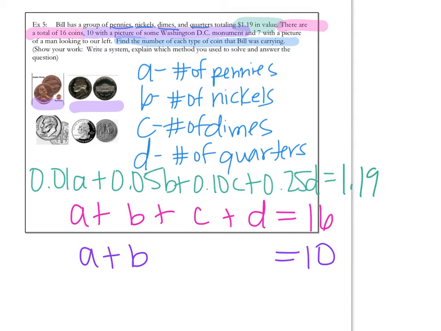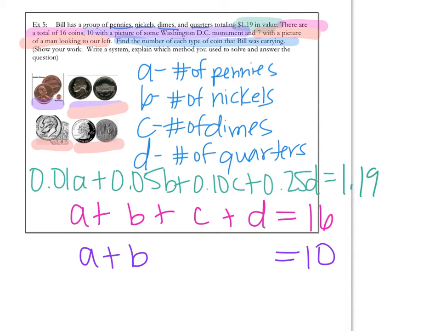And then the last piece of information is that 7 have a picture with a man looking to the left. So Lincoln is looking to the right, but Jefferson is looking to the left, the nickel is looking to the left, and the quarter is looking to the left.